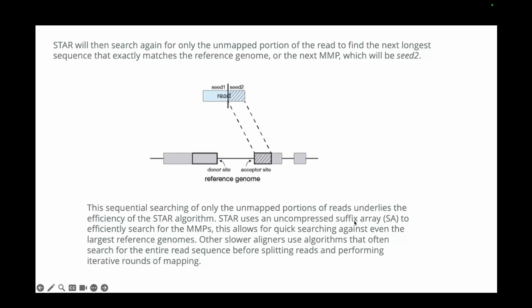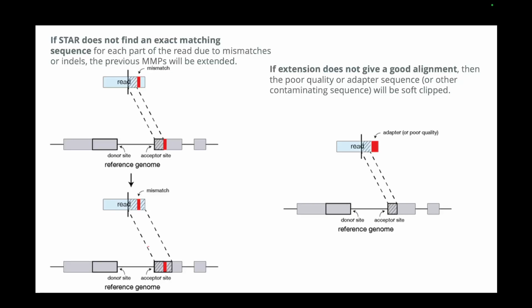It then uses uncompressed suffix arrays to search all the MMPs, and this allows for quick searching against even the largest reference genomes. Other slower aligners use algorithms that often search for the entire read sequence before splitting reads and performing iterative rounds of mapping. If it does not find an exact match for each part of the read due to mismatches or indels, the previous MMPs will be extended.